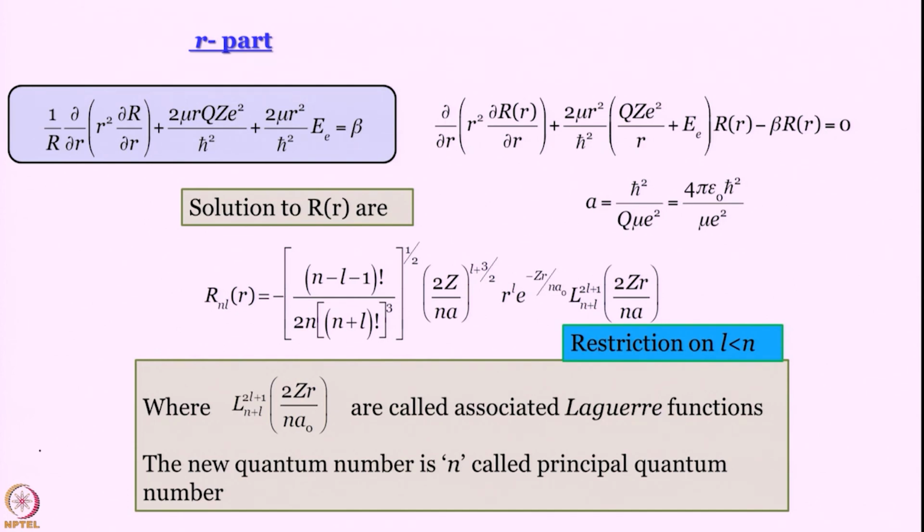Let me try to write this in a little more compact, less scary form. So, what am I trying to write here? I am trying to write what is R n L, capital R n L, which is a function of small r. What will it be?